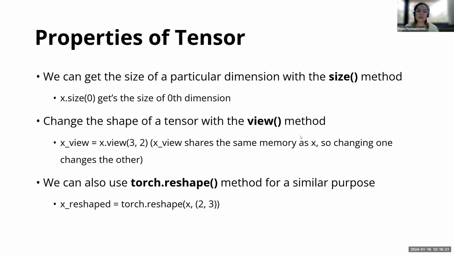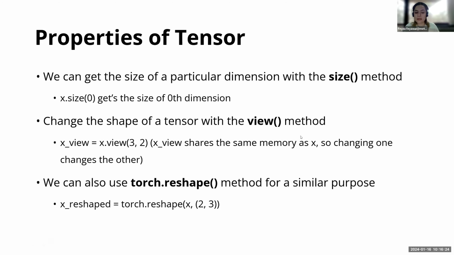So if we change one element or make an operation on one element of x, it will change xView and vice versa. We can also use torch.reshape for a similar purpose, and most of the time we use torch.reshape.